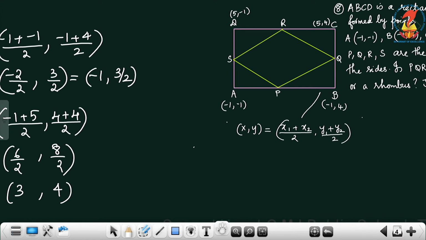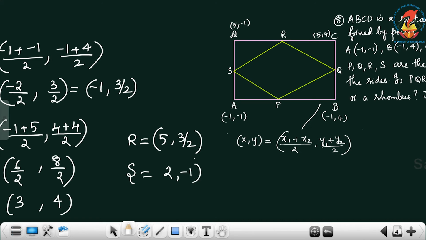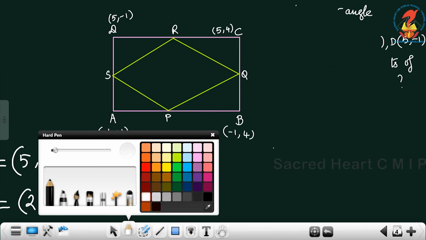Similarly, we can find the coordinates of R and S. The coordinate of R will be 5 and 3 by 2, and the coordinate of S will be 2, -1. Okay. So I am going to write the coordinates here.